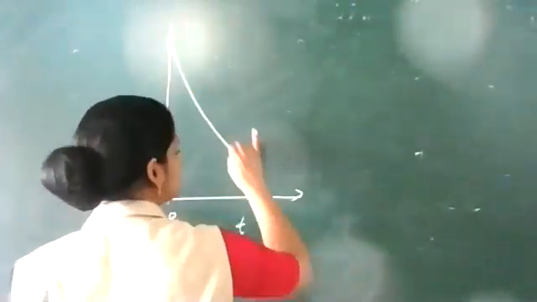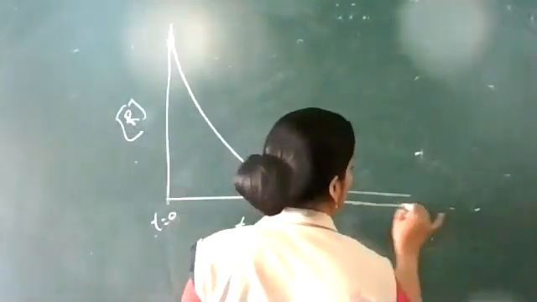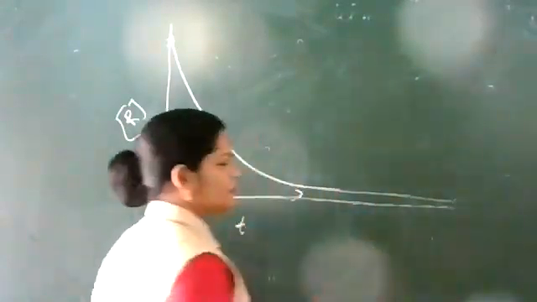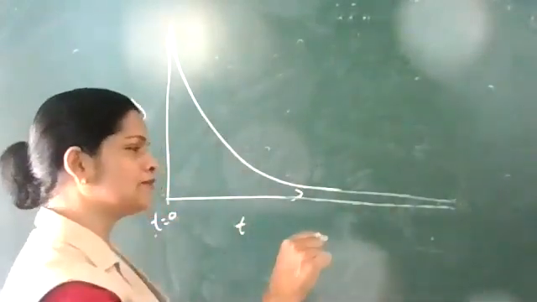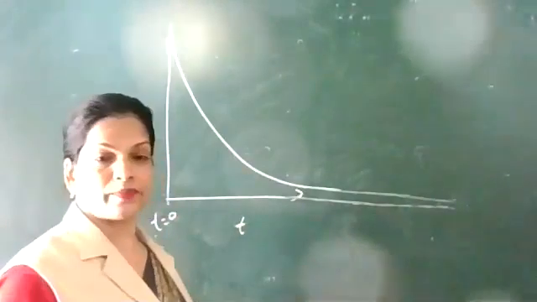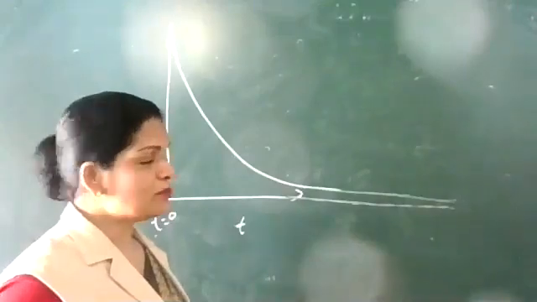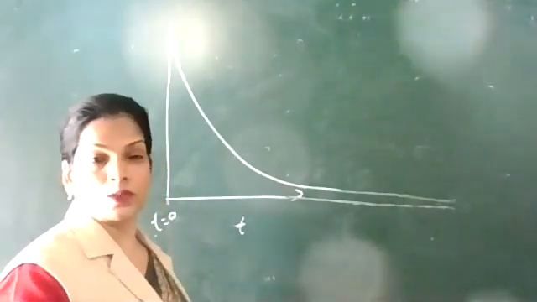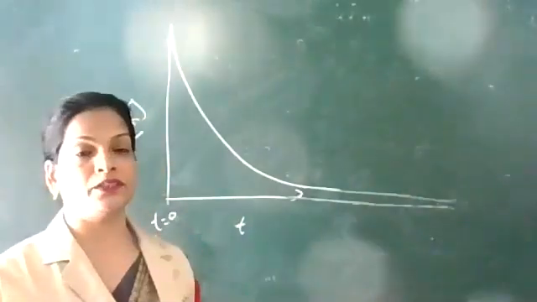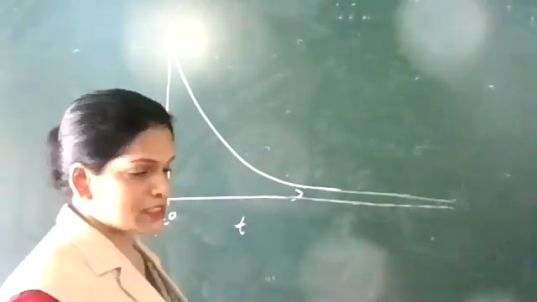As time passes, it keeps decreasing, and then it goes parallel to the axis. The reaction continues very slowly. Even if it is not touching, it keeps moving like that. Even at the last moment there is a bit of reacting slowly. It continues, and the final part will take a longer time.